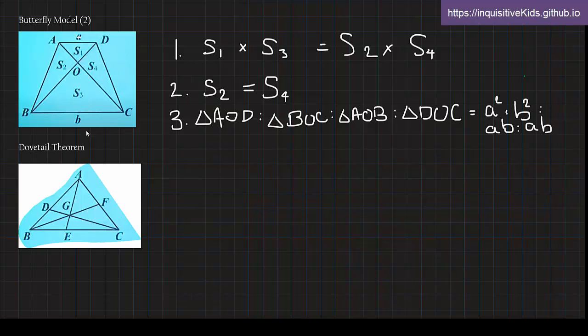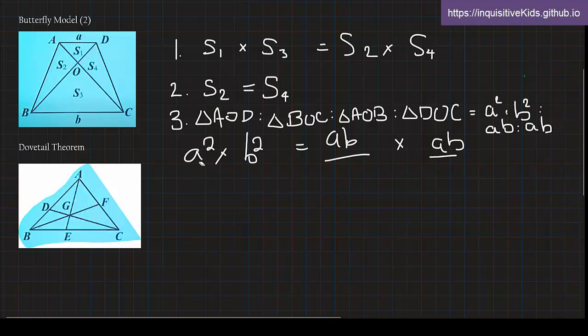So this is a that we're talking about, this is b we're talking about. Why? Well, if this is a squared and this is b squared, these two sides, remember, multiply together 1 times 3, so a squared times b squared is equal to something else. And each of these two values have to be equal. That will have to be ab times ab. So that's why 2 and 4 are the same.